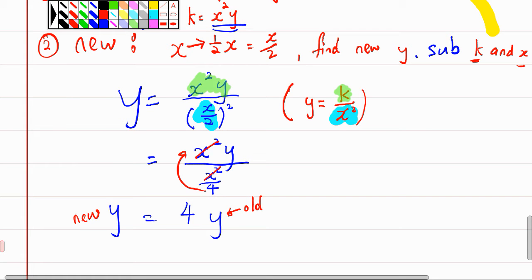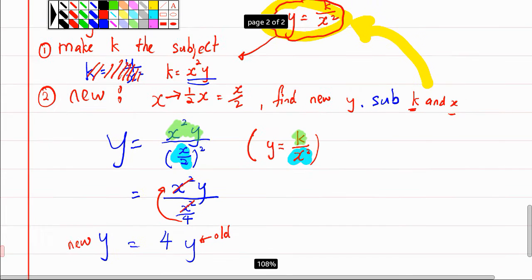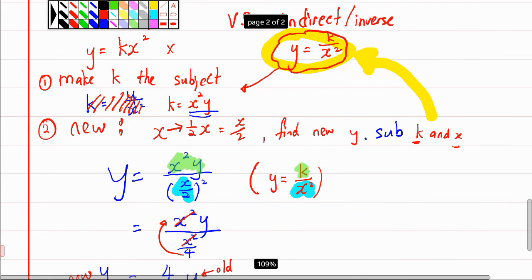Follow so far? Now go back. I want you to make use of these two steps. Make k the subject. Then later on, use the new condition, sub inside. Then you find the cancel. Usually can cancel one.